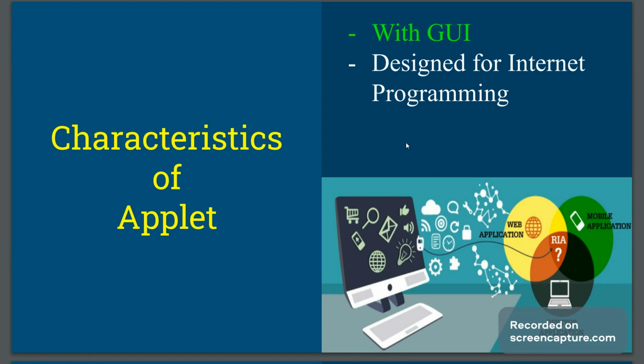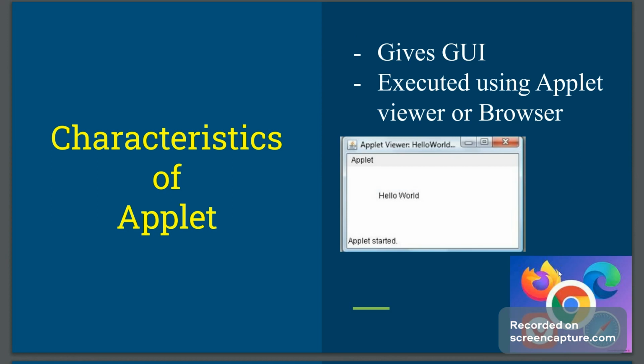These applet programs are designed for internet programming, which means a program written on one machine can be executed over the internet from any location, accessed via a browser. This kind of Java program gives us a graphical user interface.